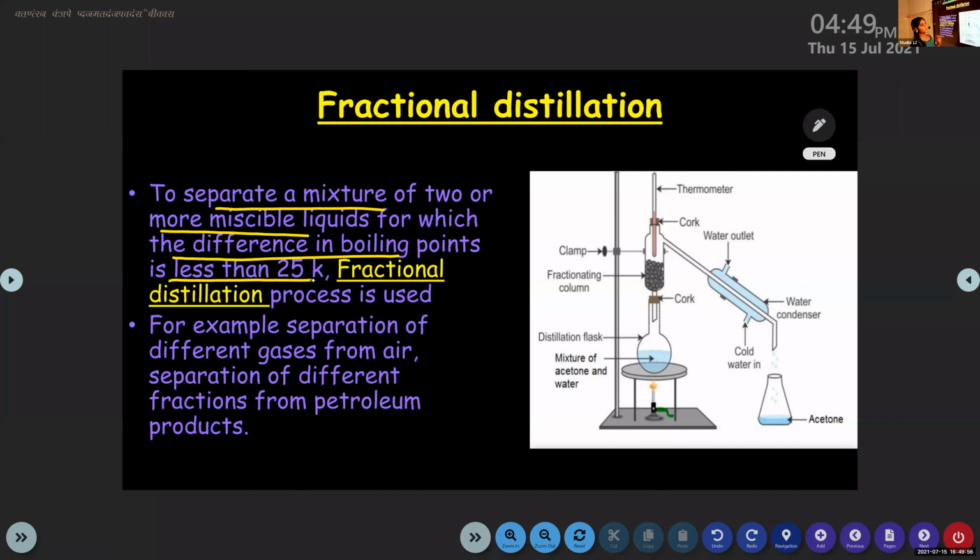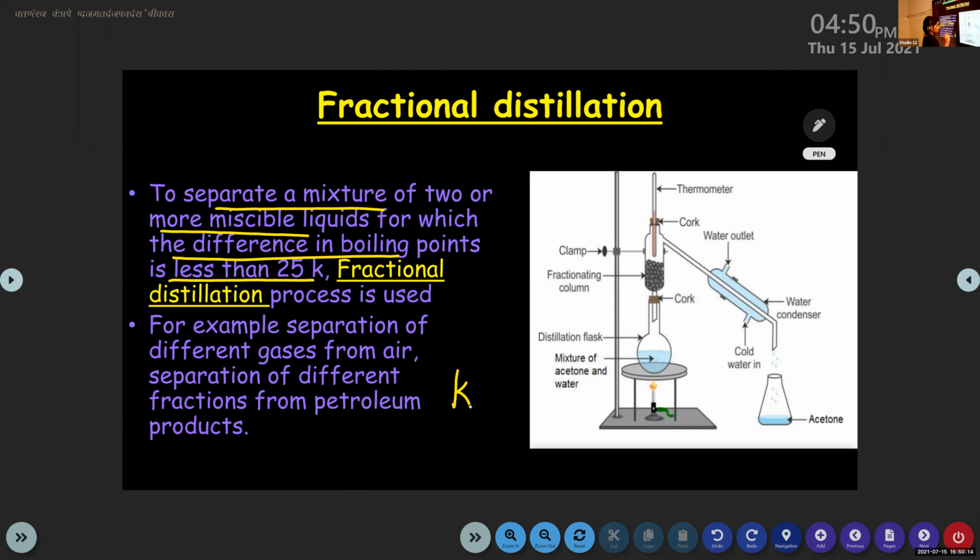So here we have to maintain the difference in boiling point as less than 25 Kelvin. If two miscible liquids are taken and the difference in their boiling point is less than 25 Kelvin, we can use fractional distillation.